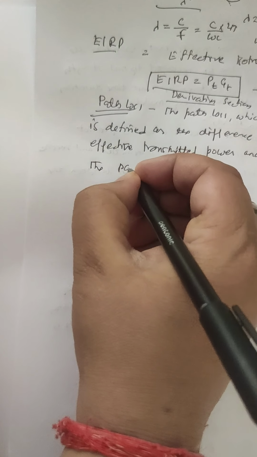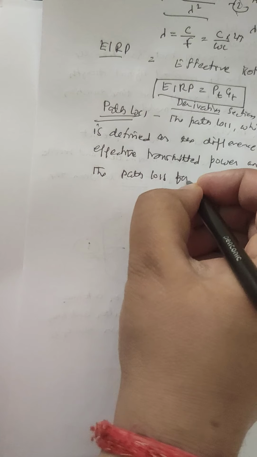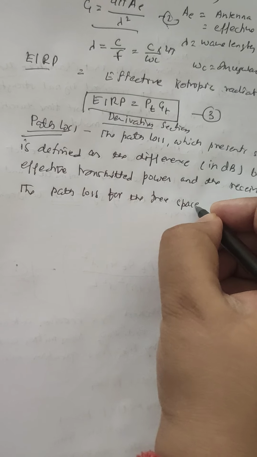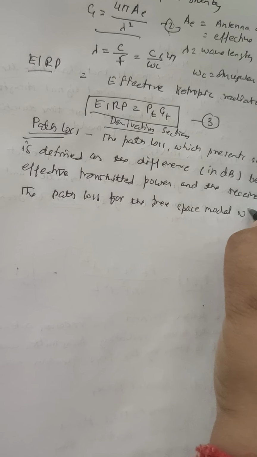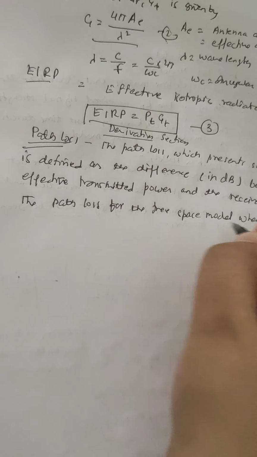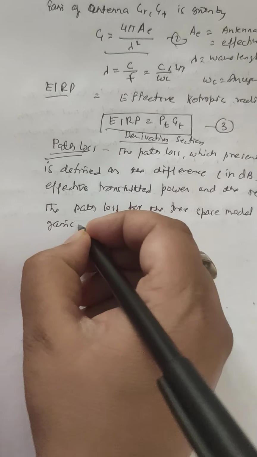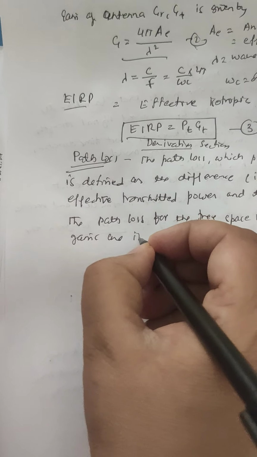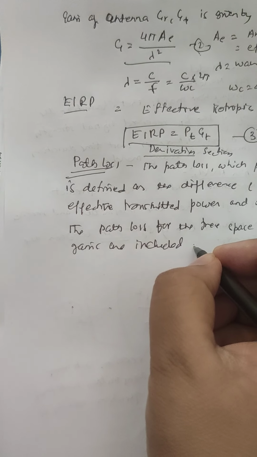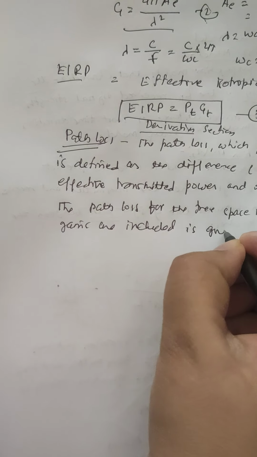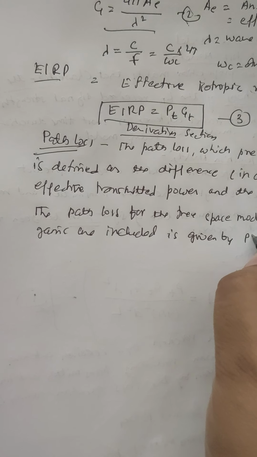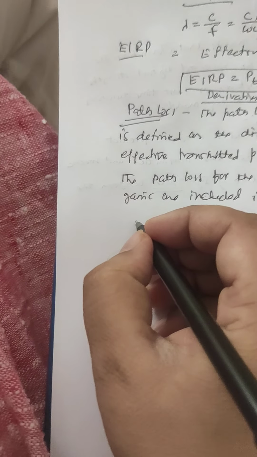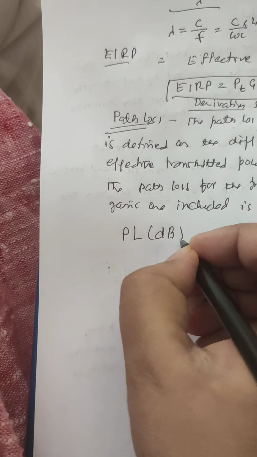The path loss for the free space model when antenna gains are included is given by PL(dB), path loss.